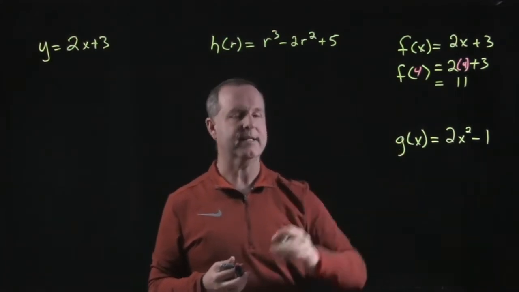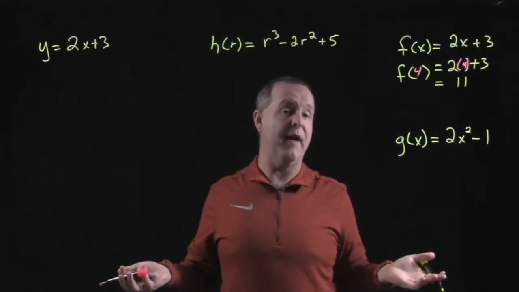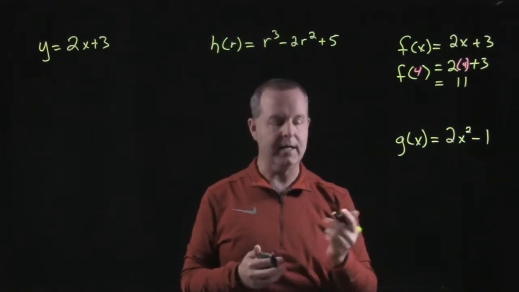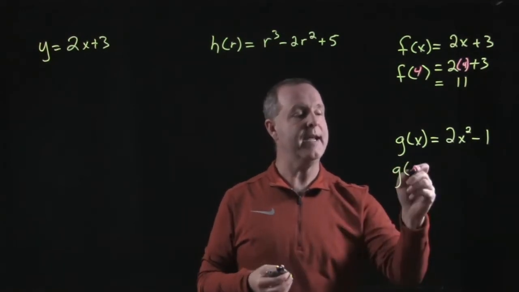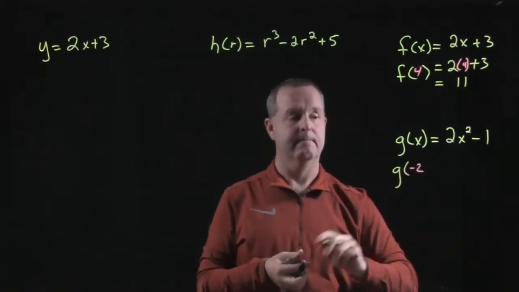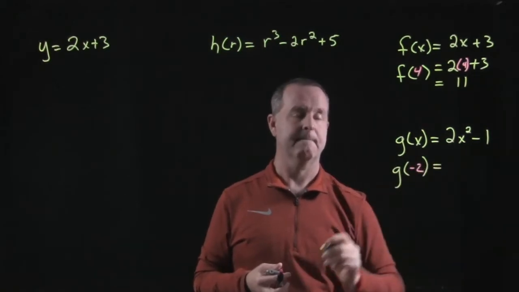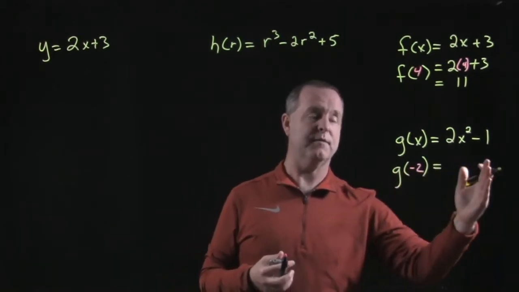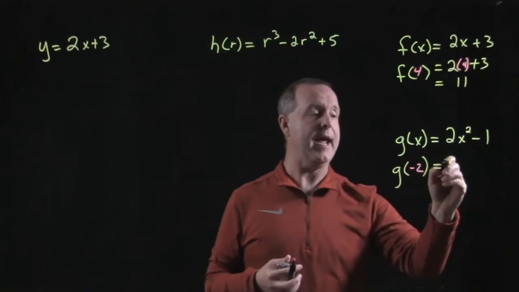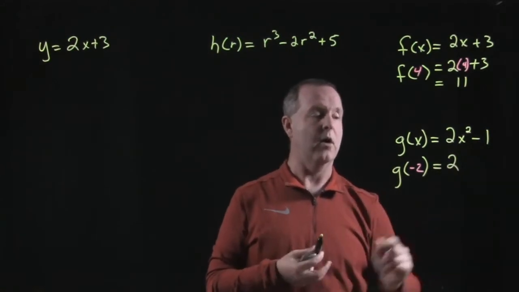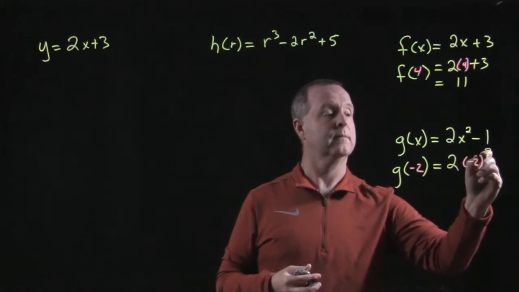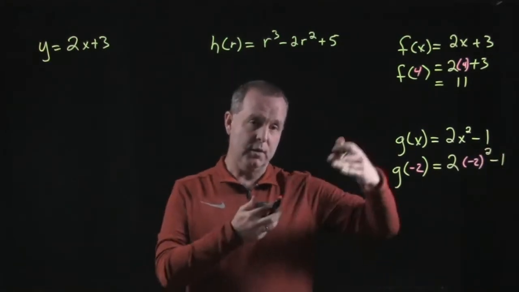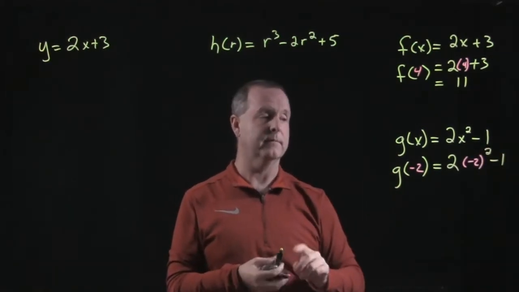Let's take g of x now, and let's evaluate that at another value. Let's choose negative 2. What does g of negative 2 look like? Well, everywhere in this function I see an x, I'm going to insert a negative 2, then solve that problem on down.